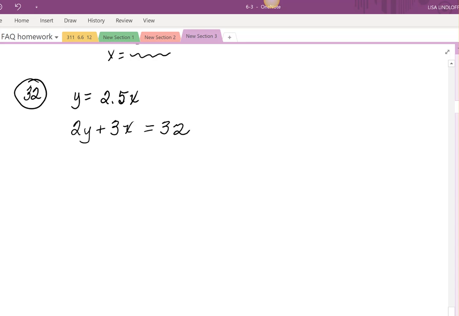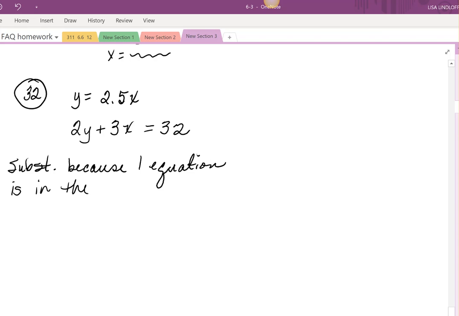All right, for this one, I'm going to choose substitution because one equation is in the form y equals.